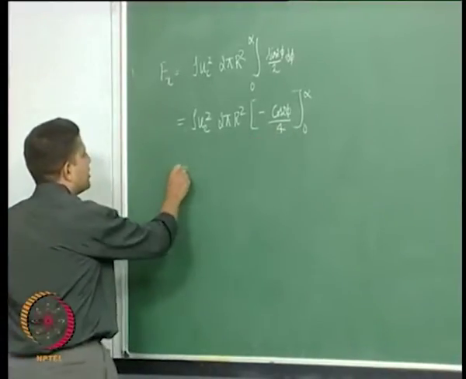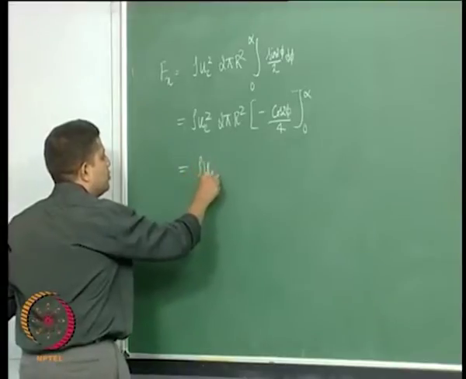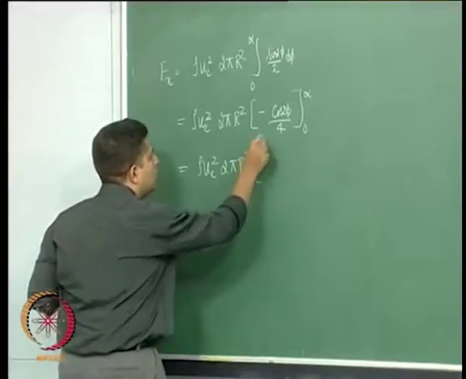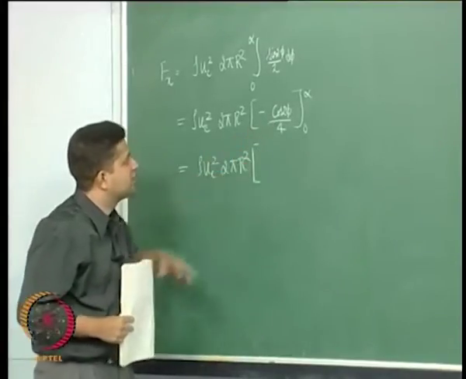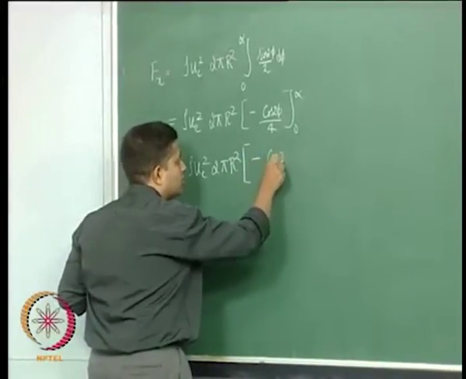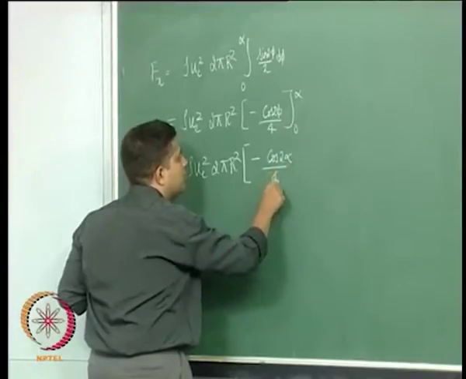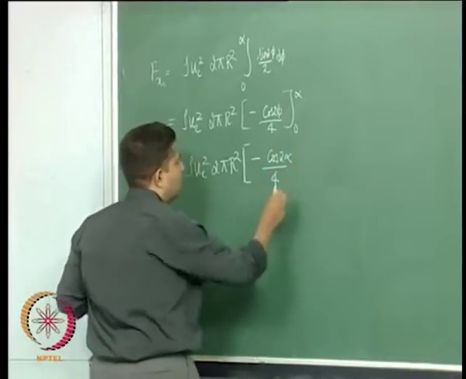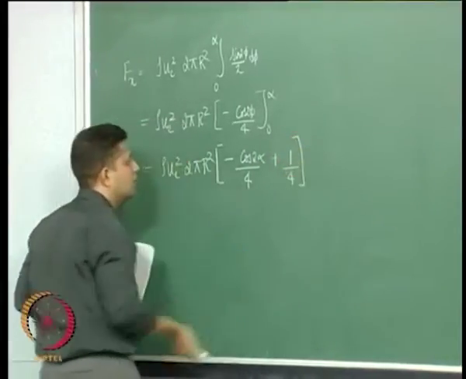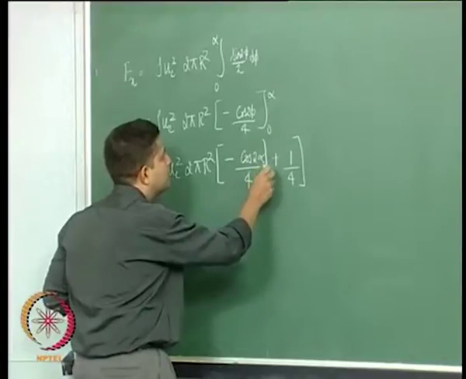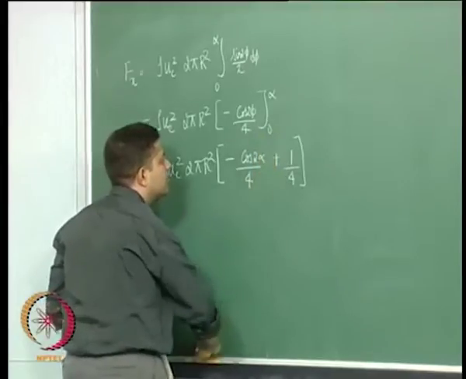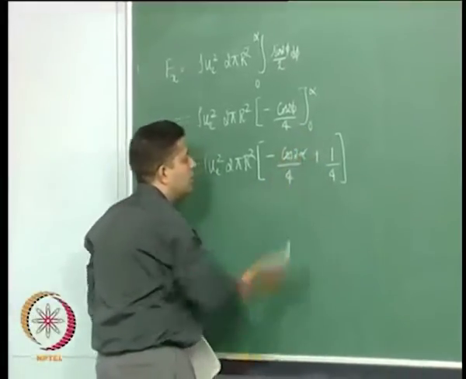I can rewrite this as rho, first term will be minus cos 2 phi.